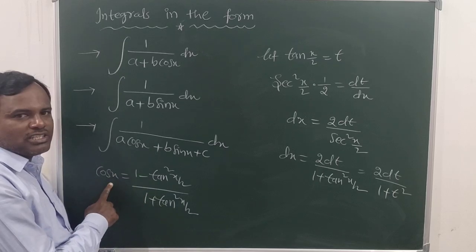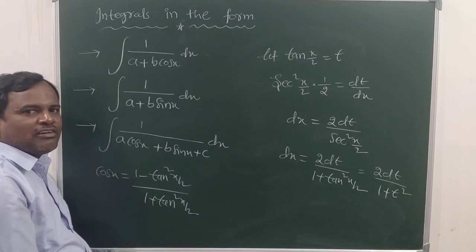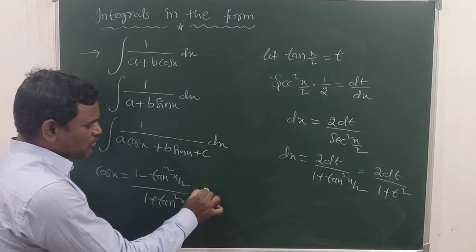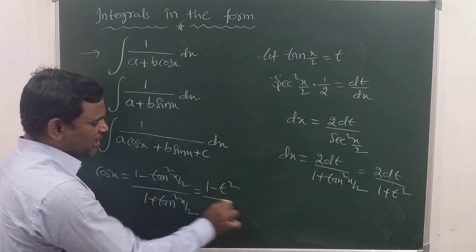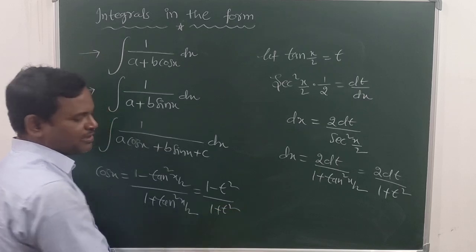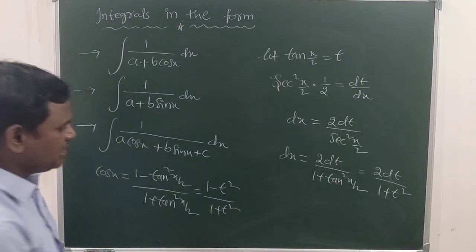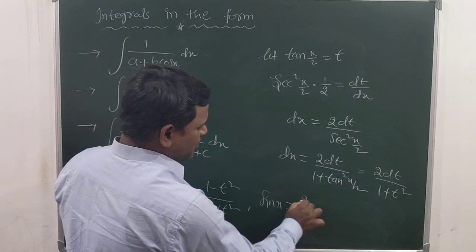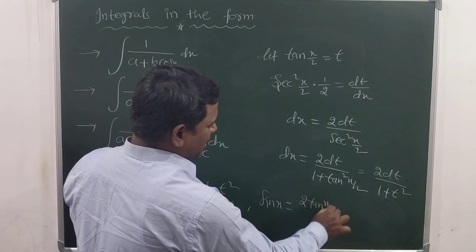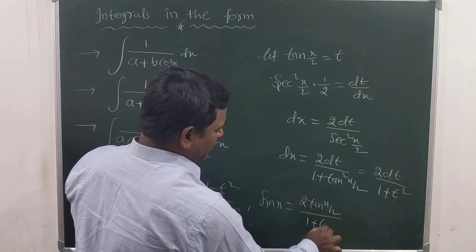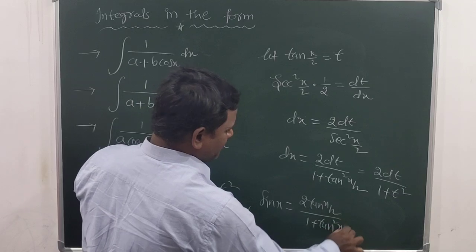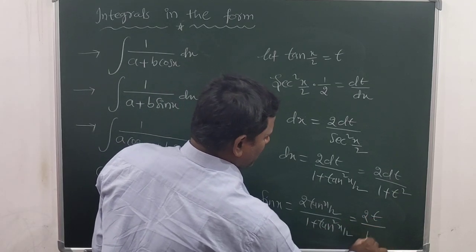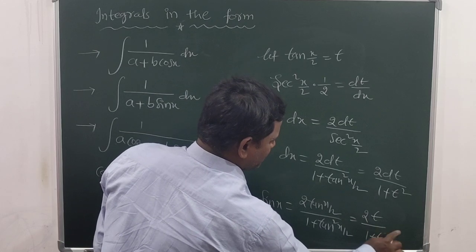So cos x can be written as 1 minus tan square x by 2 by 1 plus tan square x by 2, which is equal to 1 minus t square by 1 plus t square. In the place of sin x, what can you write? 2 tan x by 2 by 1 plus tan square x by 2. So which is equal to 2t by 1 plus t square.